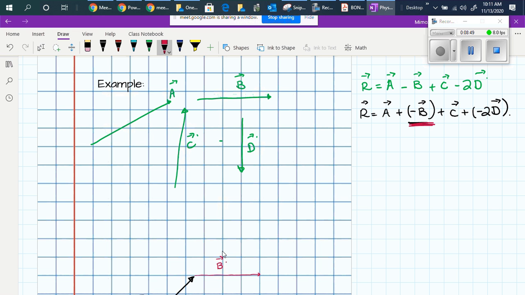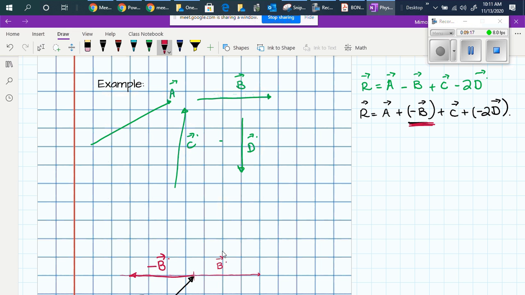So you extend vector B in the opposite direction, and you plot the same magnitude. So let's say this is 3.5 squares, so it will be this one here. So this one here will be negative B.